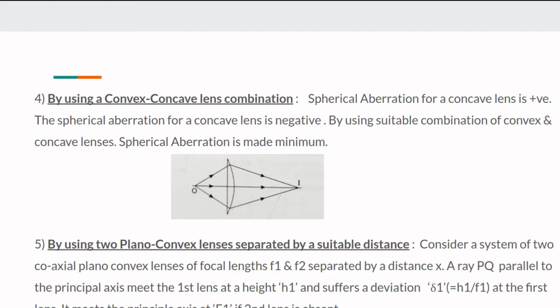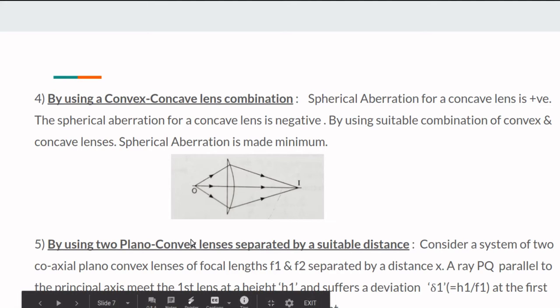We have already said that spherical aberration for a convex lens is positive and for a concave lens it is considered negative. By using a suitable combination of convex and concave lenses, spherical aberration is made minimum.